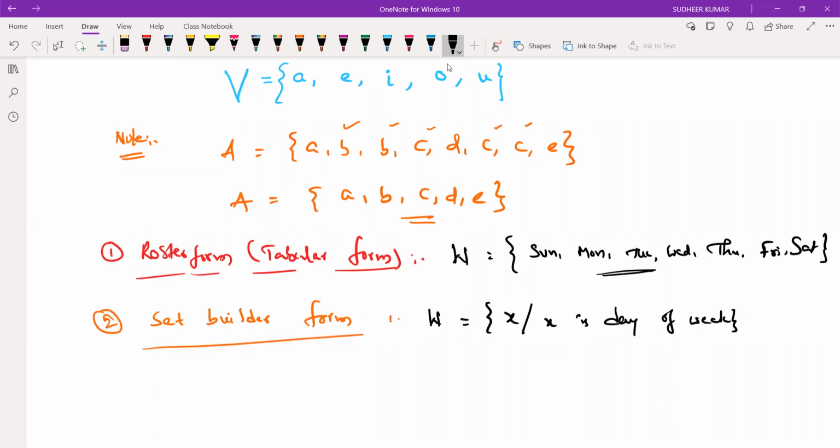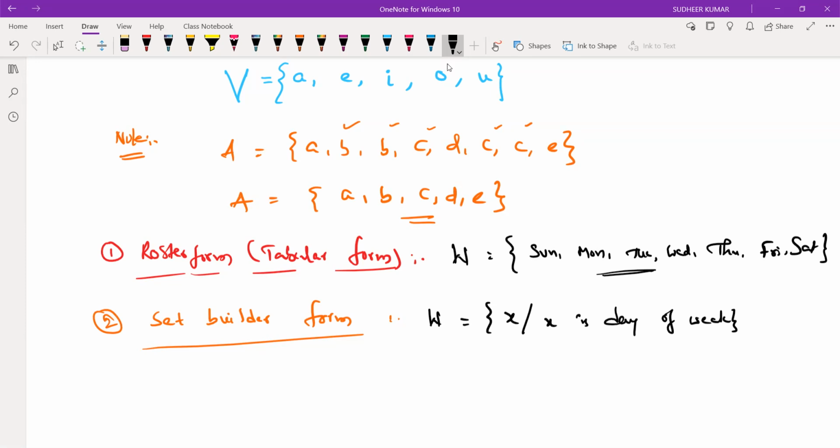X represents a day of a week, right? So Sunday, Monday, Tuesday, Wednesday, Thursday, Friday, Saturday are represented by X. We are using one rule, that is, X such that X is a day of a week.